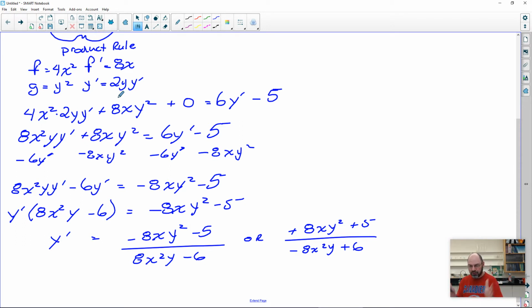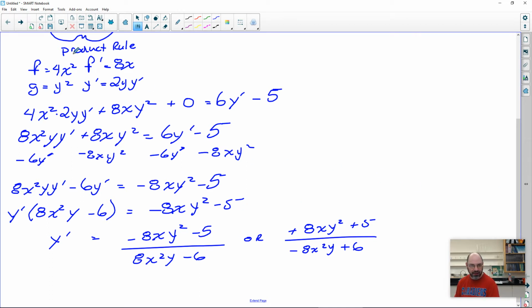You have to include that negative in your product rule, or put brackets out front and put that negative in there so that when you're multiplying it out, you don't change signs. So let me show you what I mean by doing another example of that.